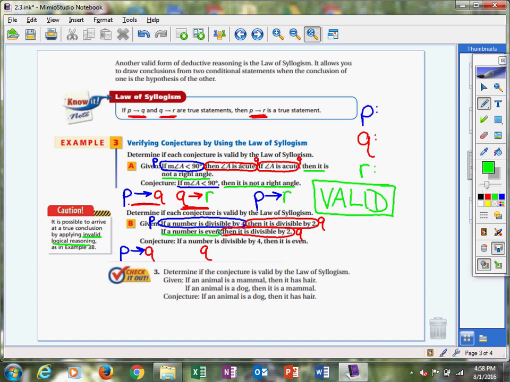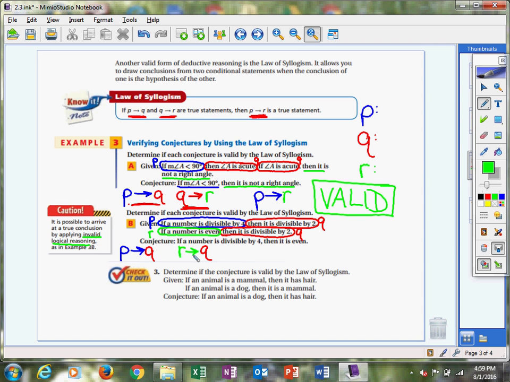If a number is even, so what they did was they did R then Q, and so we're really out of order. Even though the statement is true, you've got an even number, it's divisible by 2, that is a true statement, but the logic behind it is not following the law of syllogism.